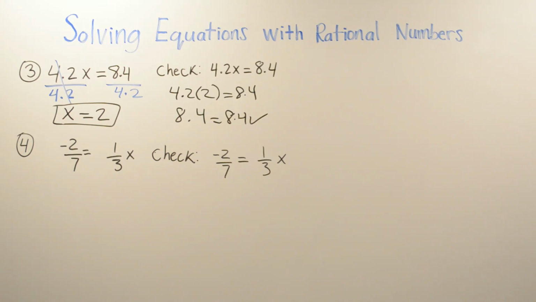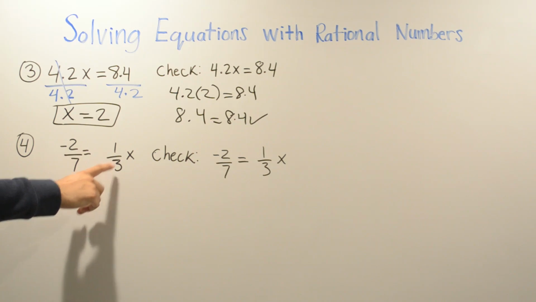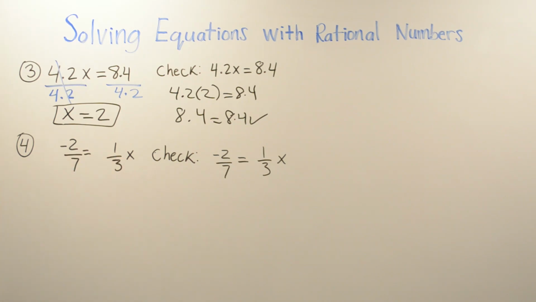Okay, for number 4, it's going to be a little bit harder than the other 3 problems. So if you have to rewind the video and look at problem number 4 as many times as you have to, go ahead so you won't skip a couple steps. Okay, so we have negative 2 over 7 equals 1/3 x. So here what we have to do, to get rid of the 1/3, we need to multiply by the inverse.